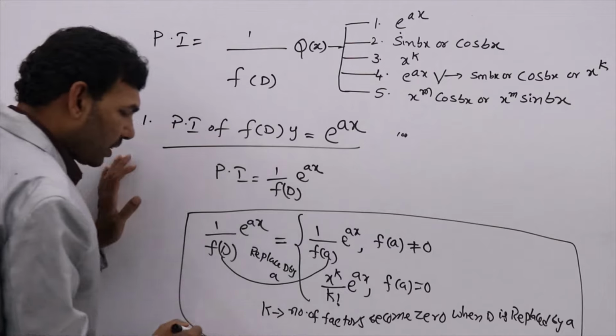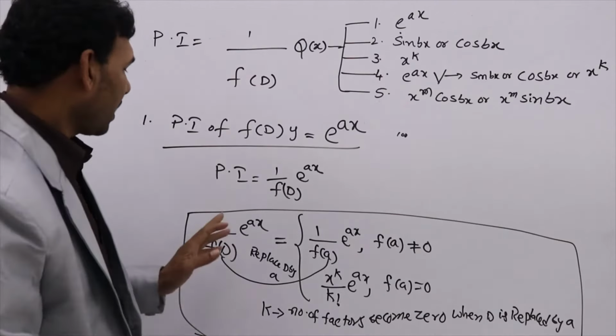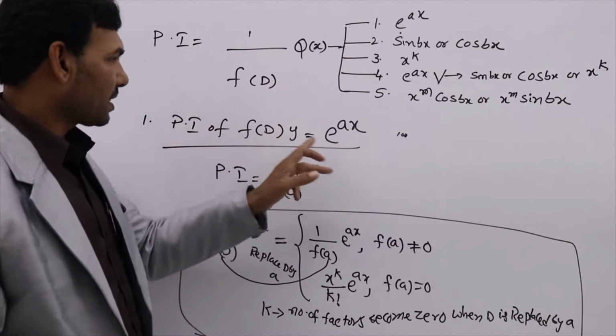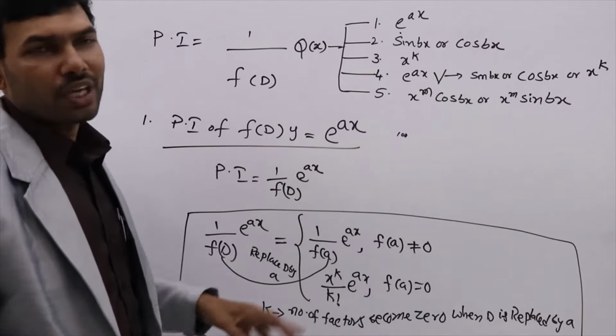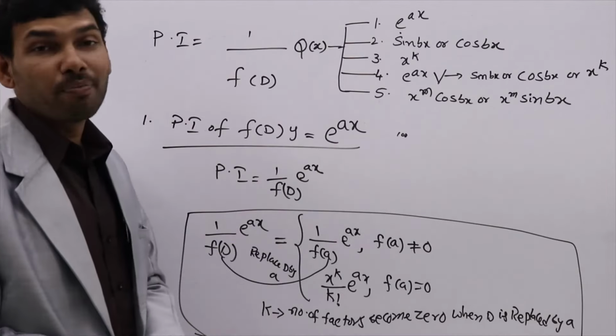So the only one thing you need to remember is, in rule 1, in the RHS, if you have e power ax, simply replace D by a.